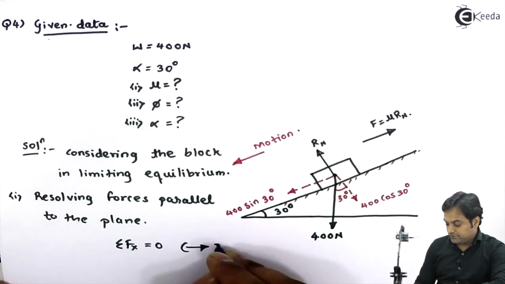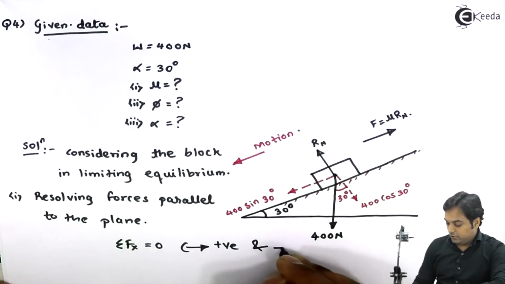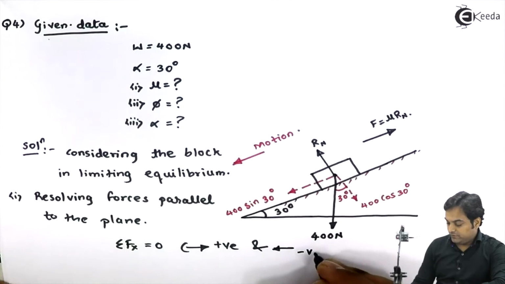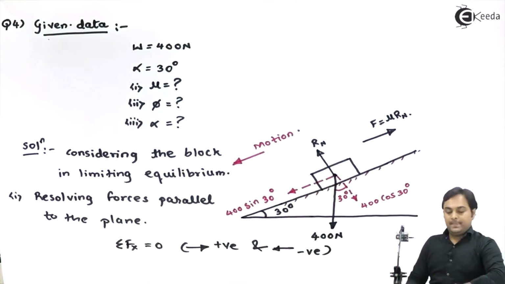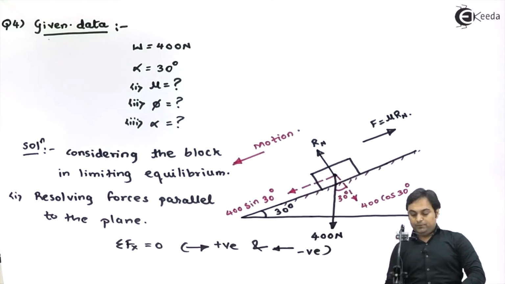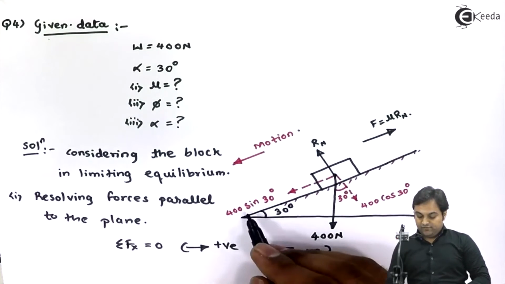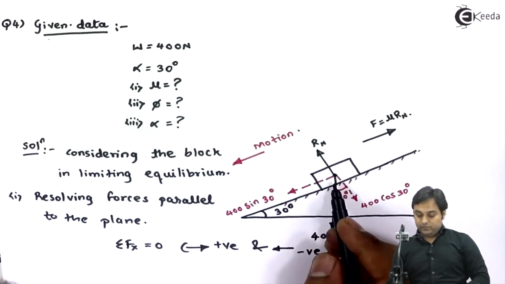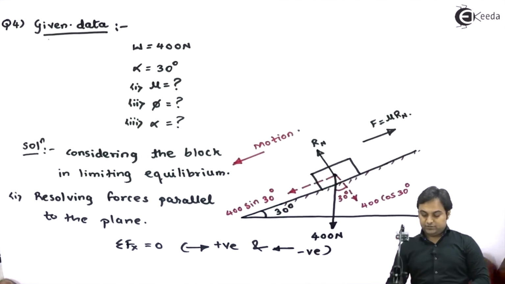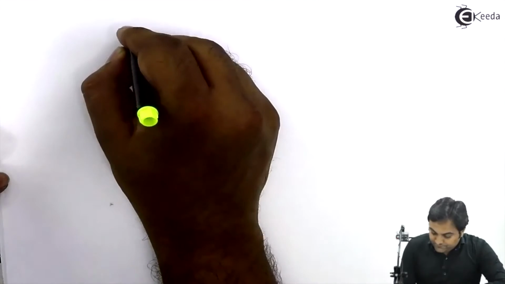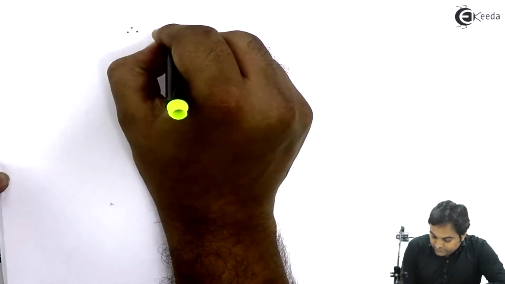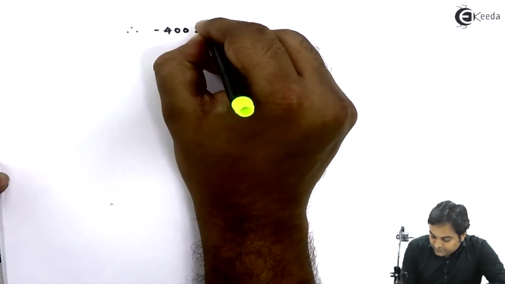All rightward forces along the plane would be positive and all leftward, or you can say downward, forces are negative. So here in this problem, we have 400 sine 30 degree which is acting in the downward direction, so I'll take it as negative. So I have minus 400 sine 30 degree.